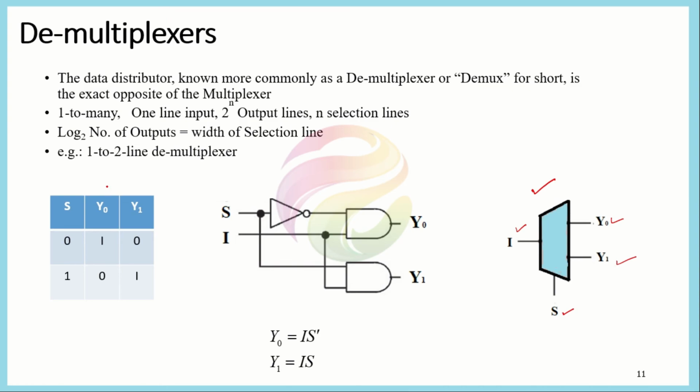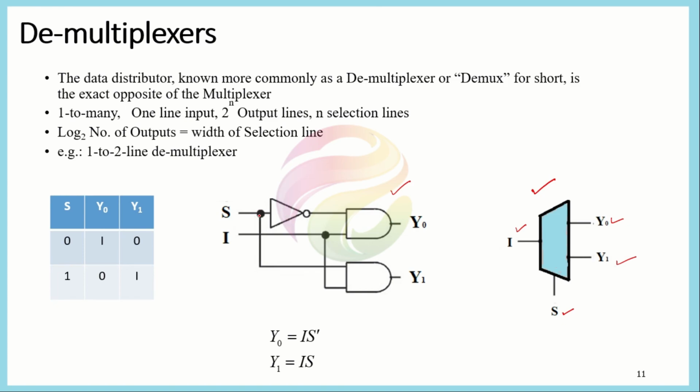If we draw a simple circuit of a 1 to 2 line demux, it is represented in a similar way: if the value of s is equal to 0, then the input would be connected to the first output. When s is equal to 1, then the second output is connected to the input. We can easily draw its circuit, which is very similar to the one we discussed in the multiplexer.